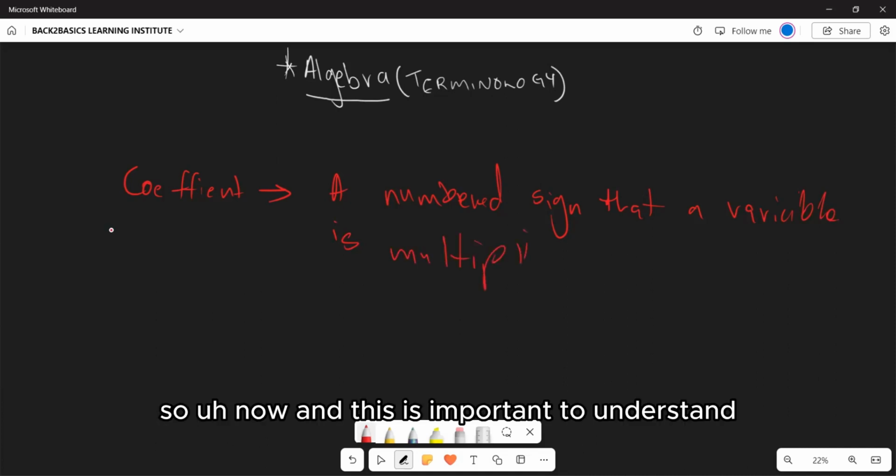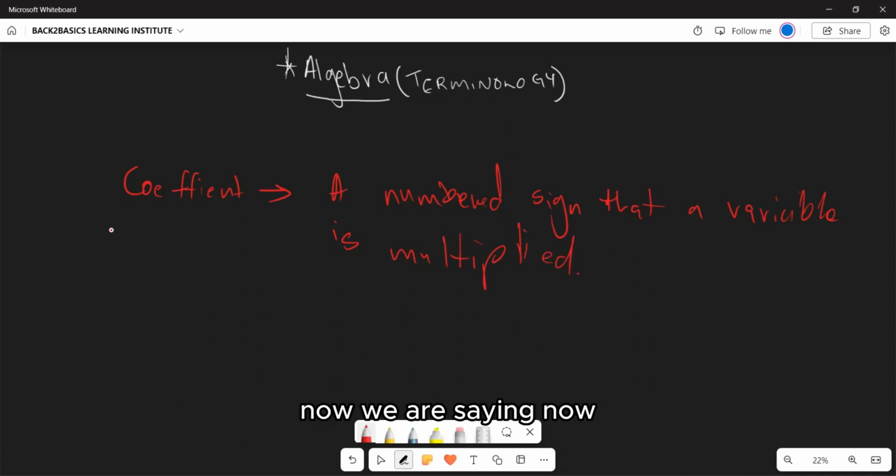And this is important to understand. Now, for example, let's say you have 4a, right? Therefore this 4 is going to become your coefficient, right?